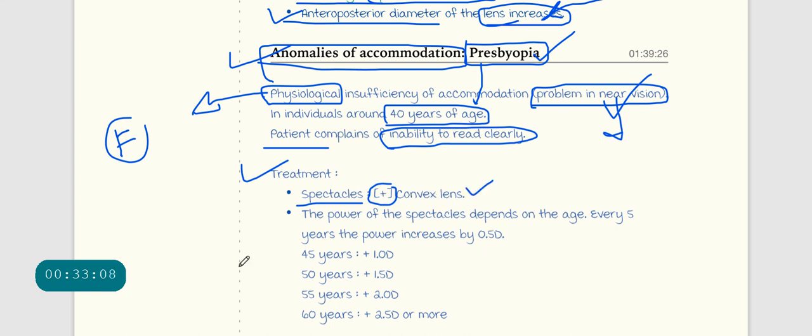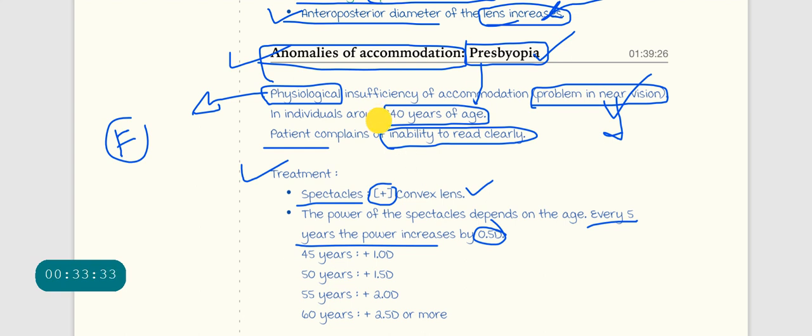So every 5 years, counting from 40 years of age when the problems get started, at 45 years of age you will be having a plus 1 D, that would be the number.